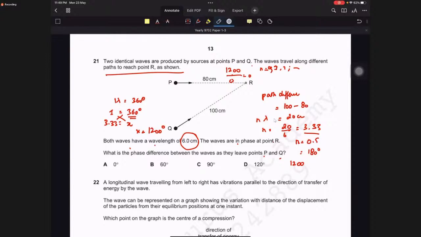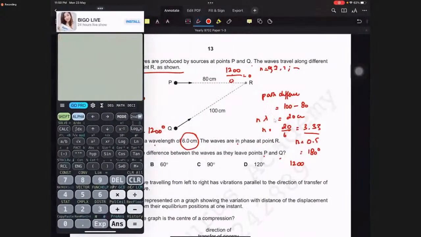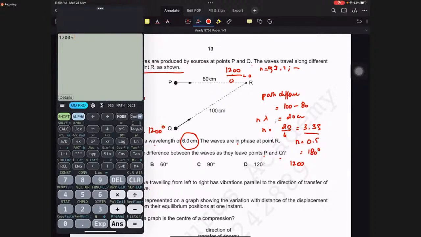After 2, it will be 600. I'm just dividing it with all the n's so that I get the right one. So 1200 divided by 3 is 400. 1200 divided by 4 is 300. 1200 divided by 5, 1200 divided by 6... by 10. Yeah, it's 10, right? So at 10, I would get the right answer, which is D, right?